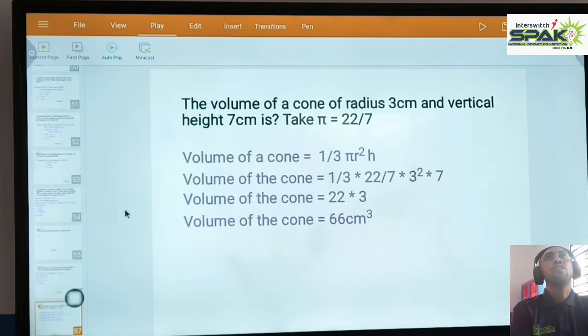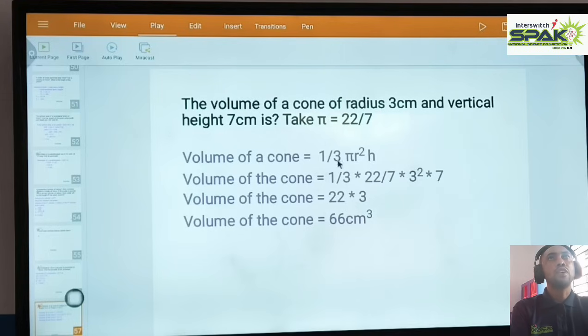Here, find the volume of a cone of radius 3 centimeters and vertical height 7 centimeters, where we are given the value of pi to be 22/7. To find the volume of a cone, the formula is 1/3 pi r squared h.